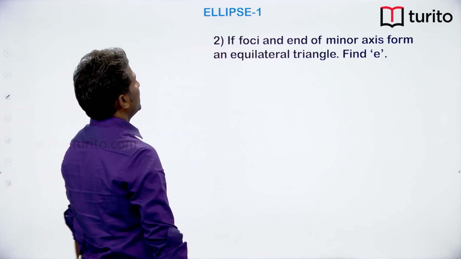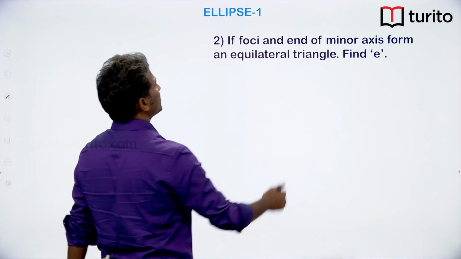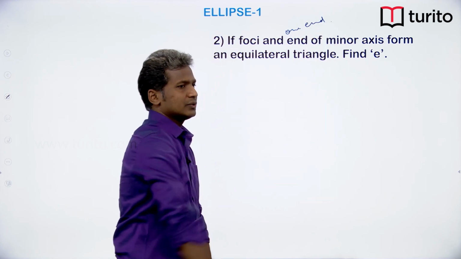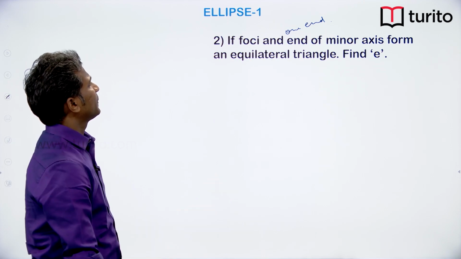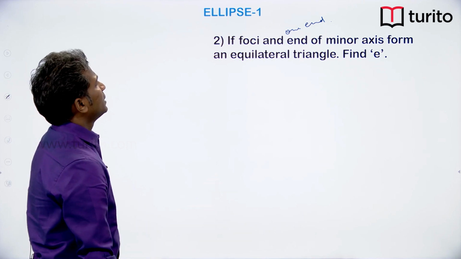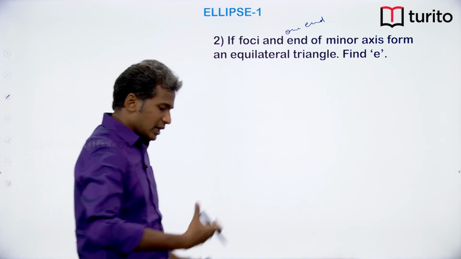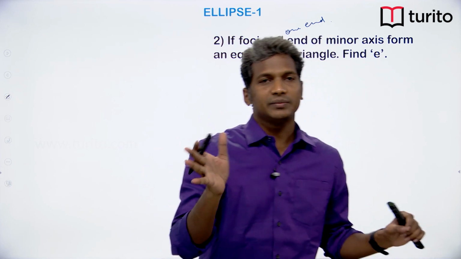So, here if foci and one end of minor axis form an equilateral triangle, then find e. So, here also the question is about only eccentricity, it is not about which ellipse.